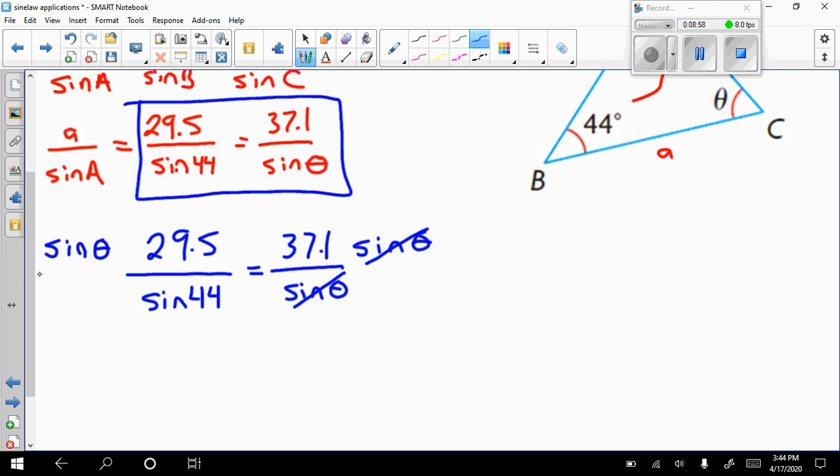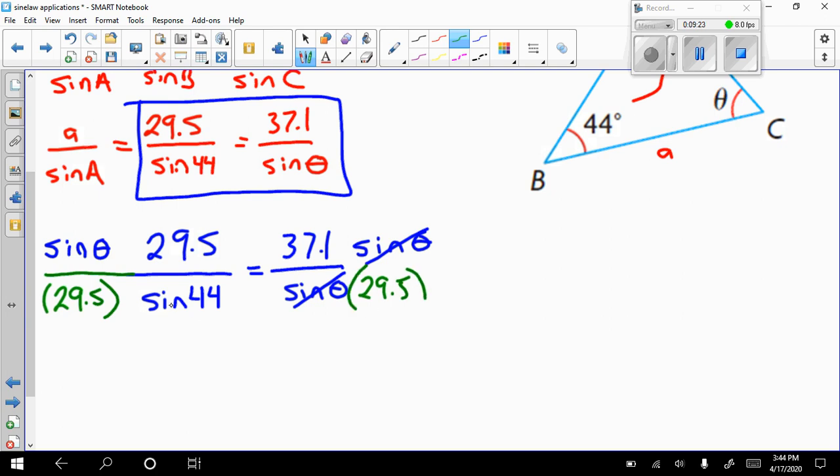Now, you may say, well, you put more stuff on that side, and that's fine because I can get rid of this 29.5 now. So watch this. Right now it's being multiplied by the sine theta, so I'm going to divide this side by 29.5. But I've got to divide this side by 29.5. Whatever I do to one side, I got to do to the other.